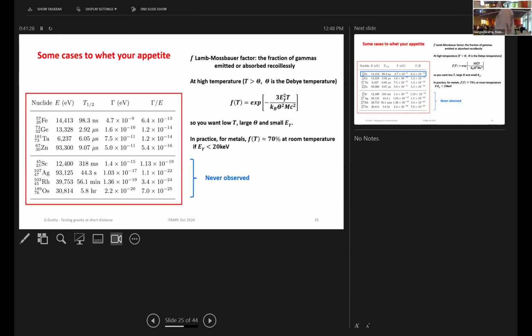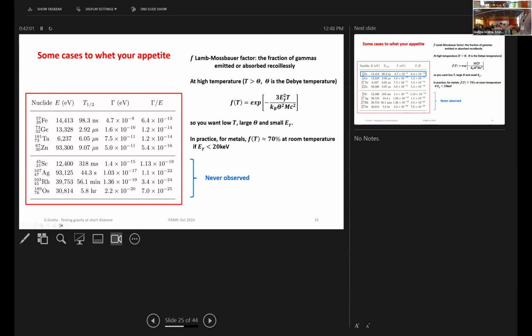Just to give you an idea, and I didn't realize there were going to be nuclear clock talks, so maybe this is already clear, but these are some interesting isotopes. The work I'll show you is done mostly with iron 57, where the state you care about has a half-life of 100 nanoseconds, an energy of 14 keV, and a relative line width of 6 × 10⁻¹³.